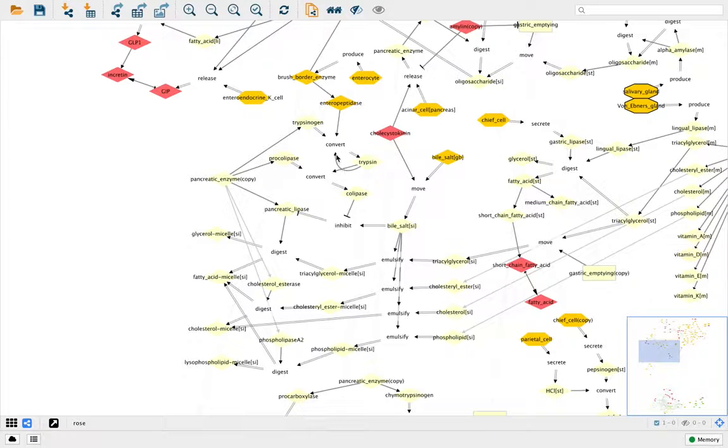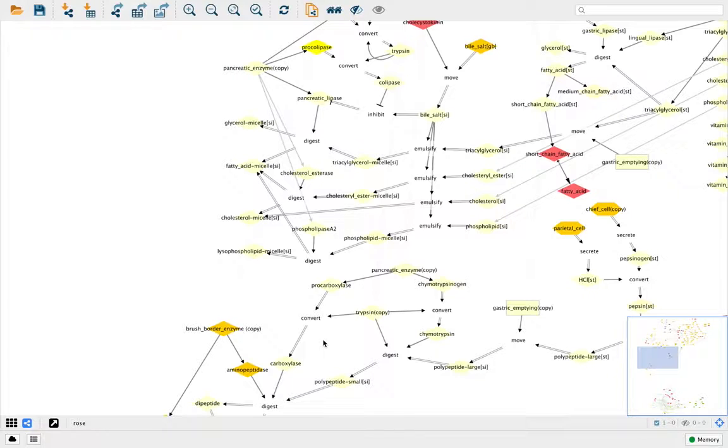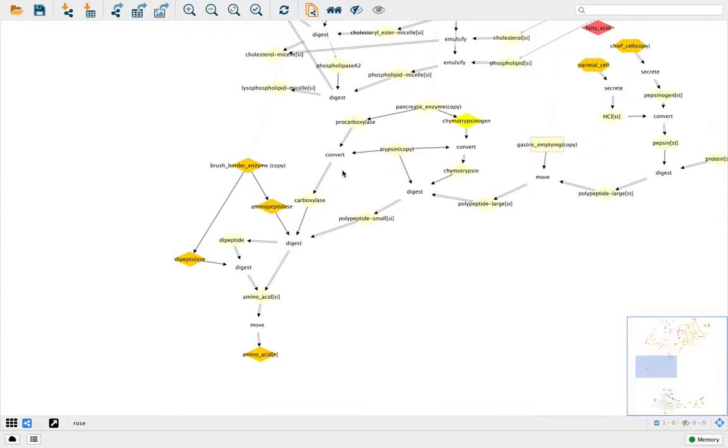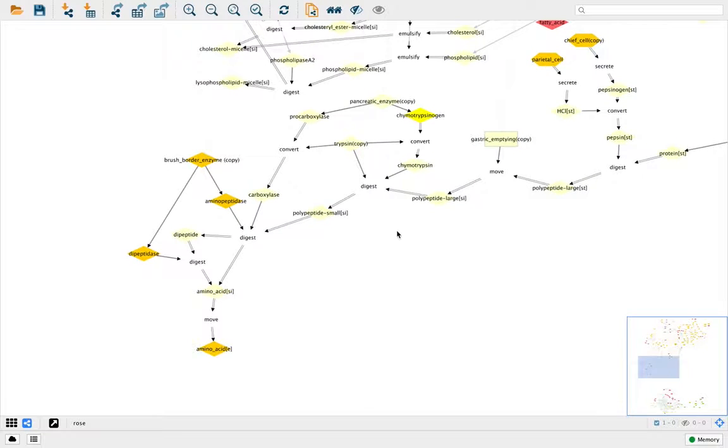It activates its own activation and activation of procholipase, which is involved in the lipid digestion, and activation of procarboxylase and chymotrypsinogen. So trypsin has many important roles in our lipid and protein digestion.